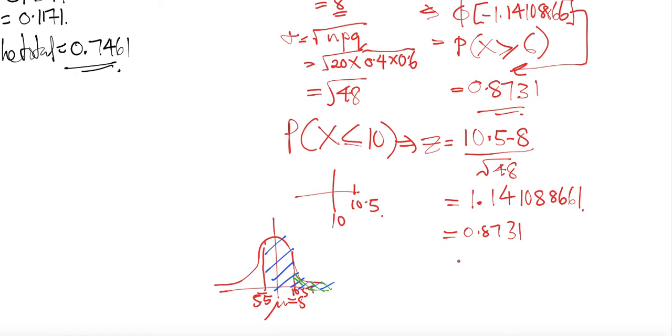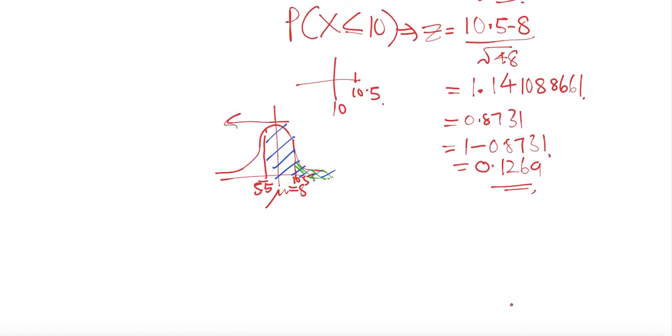Since I'm using MF19, it only gives me everything on the left, so 0.8731 represents the left. If I want the green region, I have to take 1 minus 0.8731. So the green region, which I've shaded here, is 0.1269. The blue region here is 0.8731, and the green region here is 0.1269.